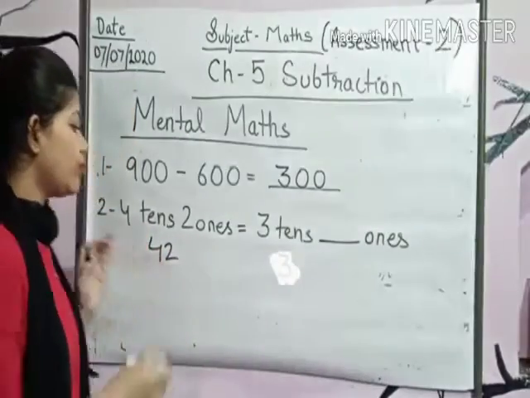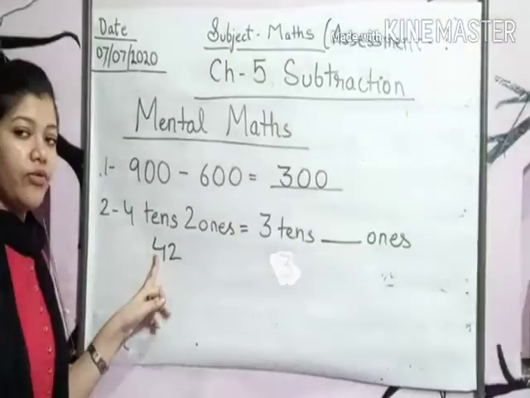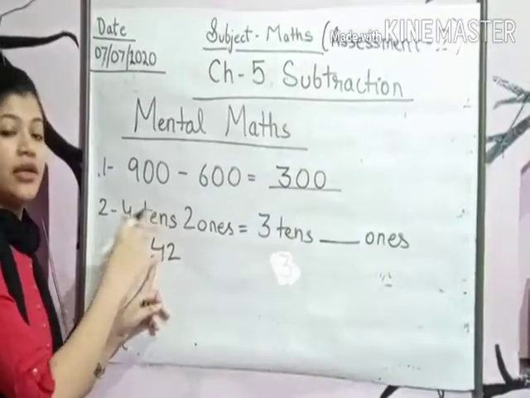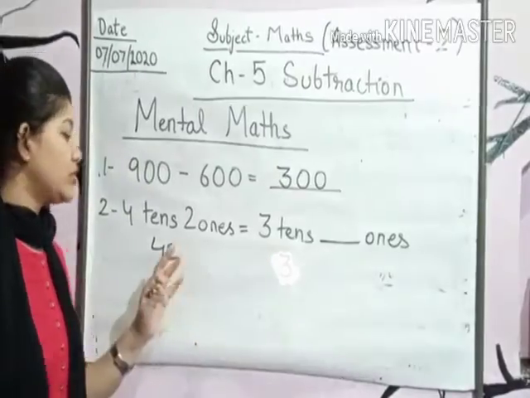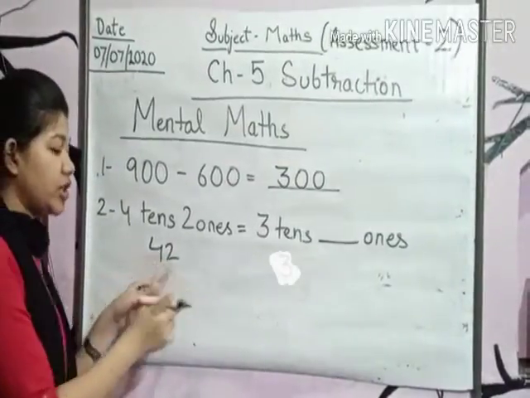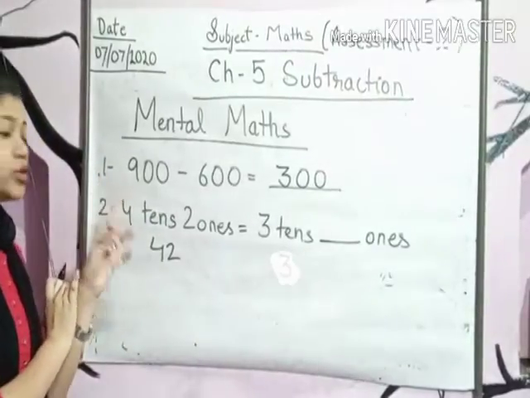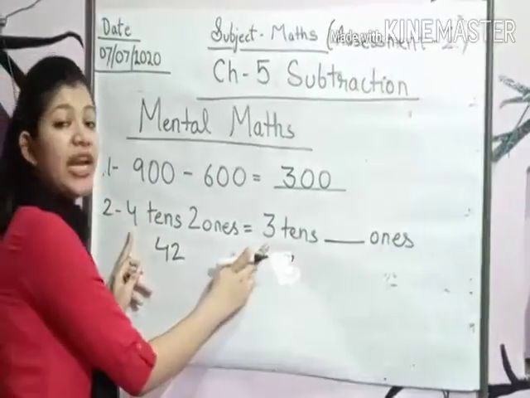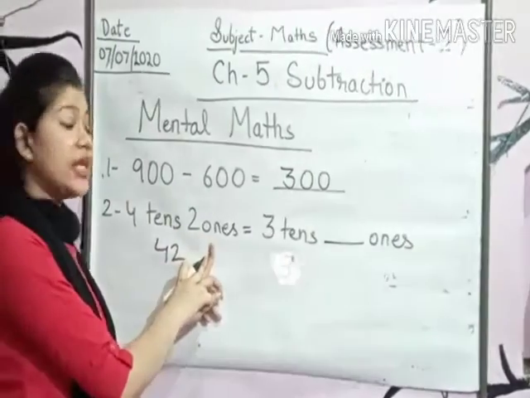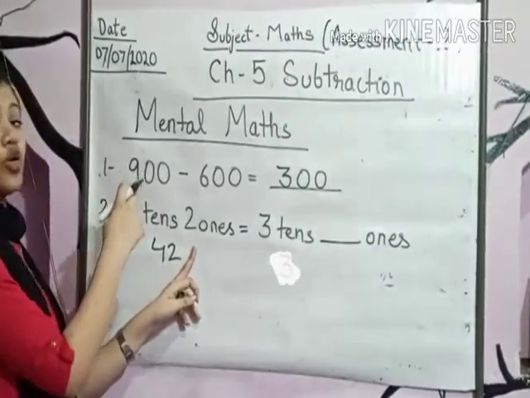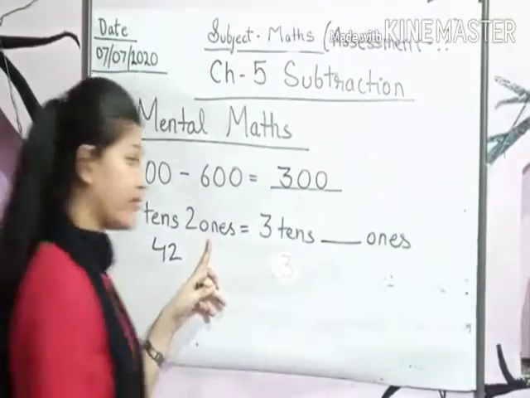What we will do is add 12 ones more, which means from the 4 tens we have given a borrow to the ones. In number 42 we have given 1 borrow, so this number has become 3 tens. When we have given 1 ten to the 2 ones, it becomes 12 ones.